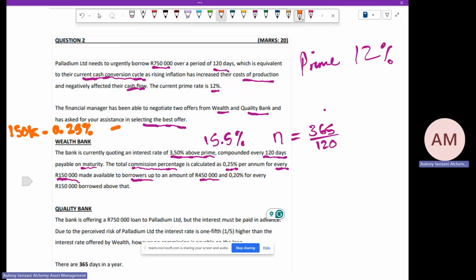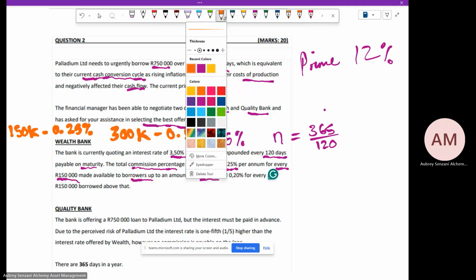We move to 300K, it then becomes 0.50%. And so on and so forth. Okay, so take note of that.